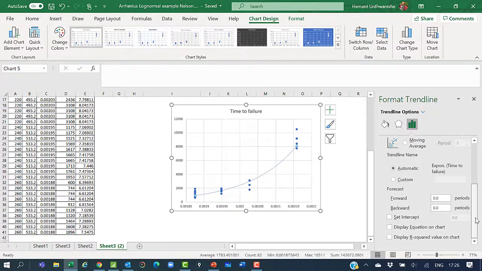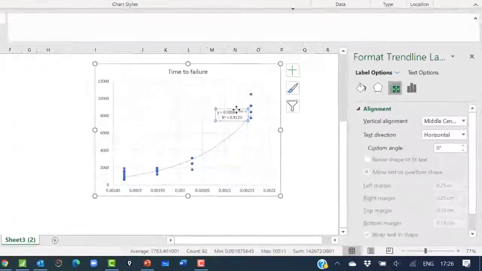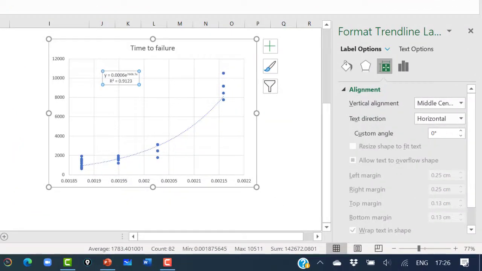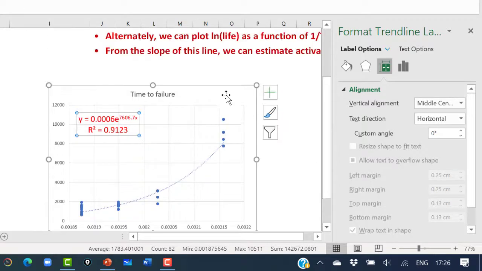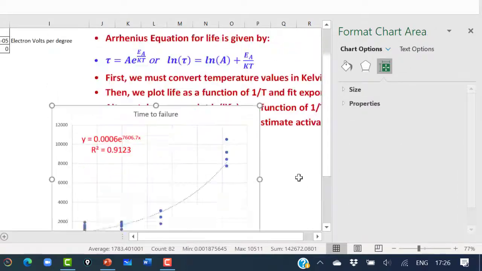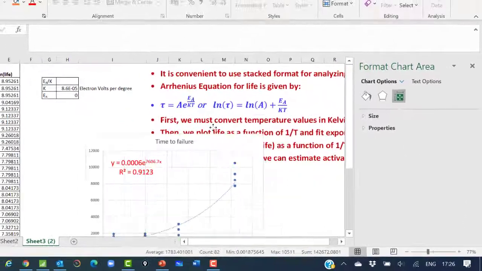So exponential, and then display equation on the chart, display R square value on the chart, and we get the equation or the relationship between the two variables. I am just making it large for looking at it.